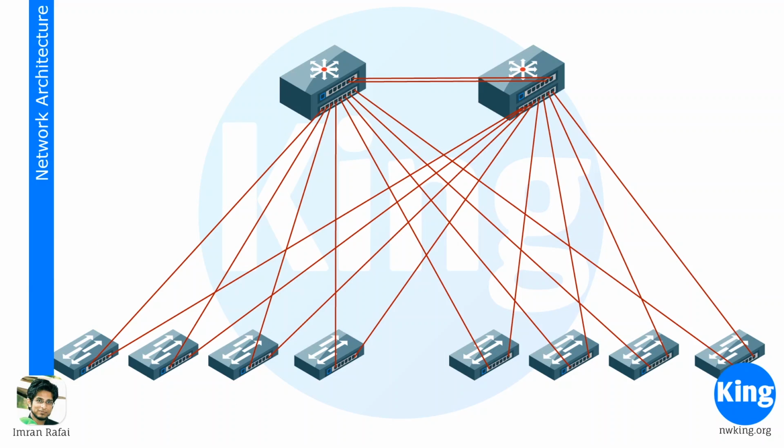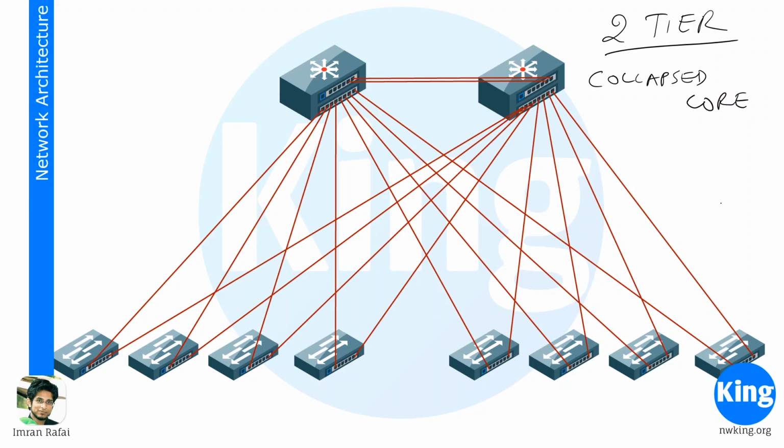Another slightly simplified version is called the two-tier architecture. Again, like I said, tier, whatever you want to call it, two-tier architecture. Now, the two-tier architecture is also called collapsed core, right? Collapsed core.